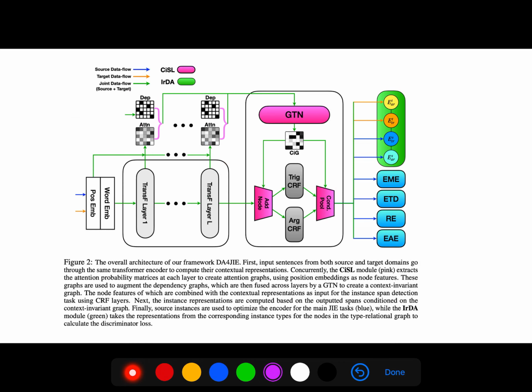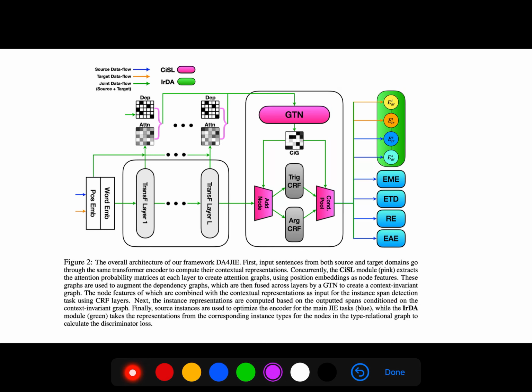First, input sentences from both source and target domains go through the same transformer encoder to compute their contextual representation. Concurrently, the CISL module extracts attention probability matrices at each layer to create attention graphs using position embedding as node features. These graphs are used to augment the dependency graphs, which are then fused across layers by GTN to create the context invariant graph.